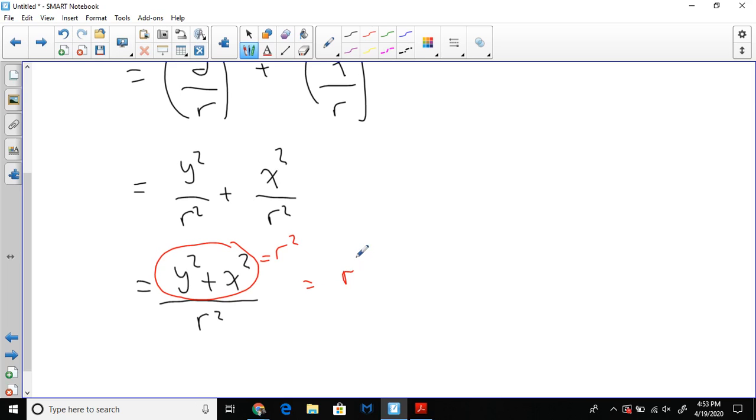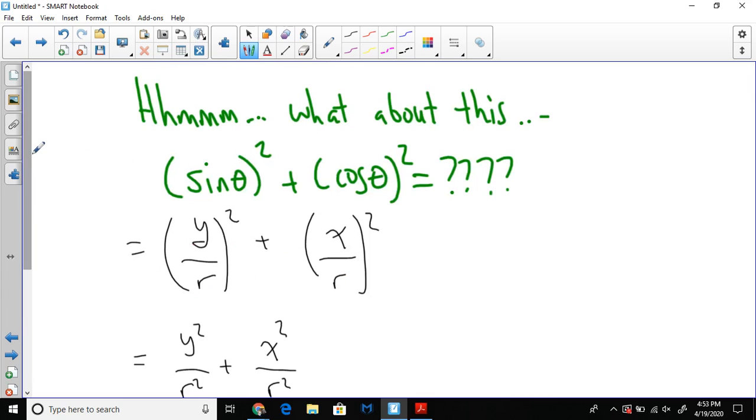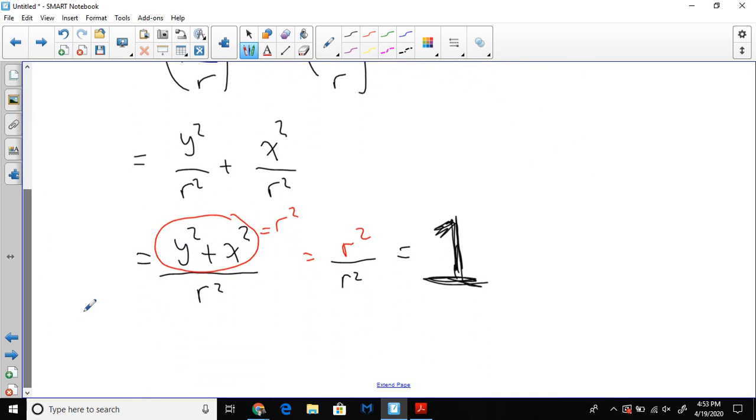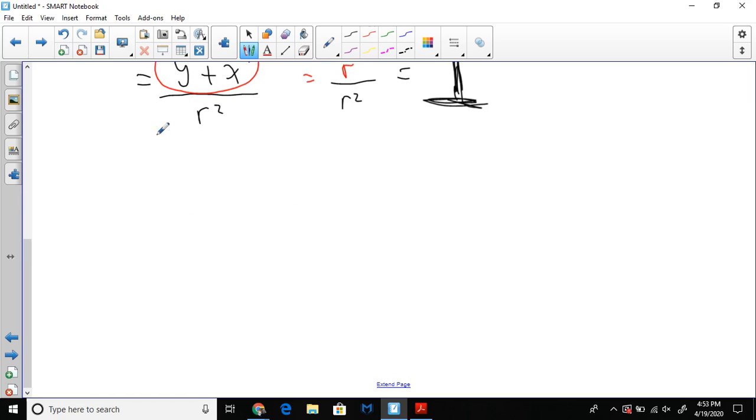So what I really have is r squared over r squared, and that just equals 1. So what does sine squared theta plus cos squared theta equal? Well, this equals 1. So this is my second identity, okay?